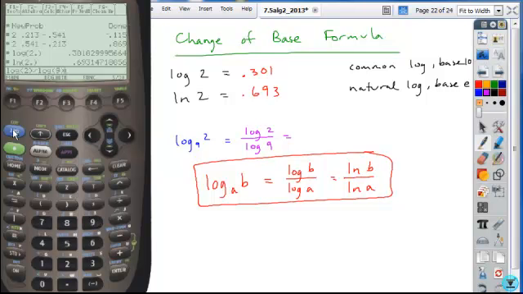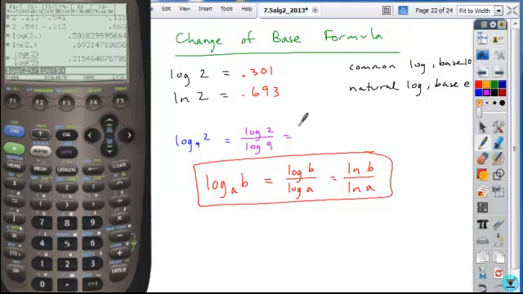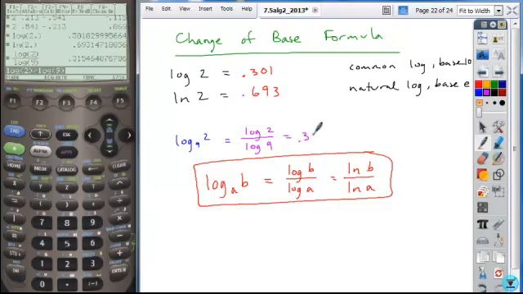And notice the order that it contains. Whatever's inside the log is in the numerator, the base of the log in the denominator. So when you take that fraction, put it in decimal form, you get your answer to be approximately 0.315.